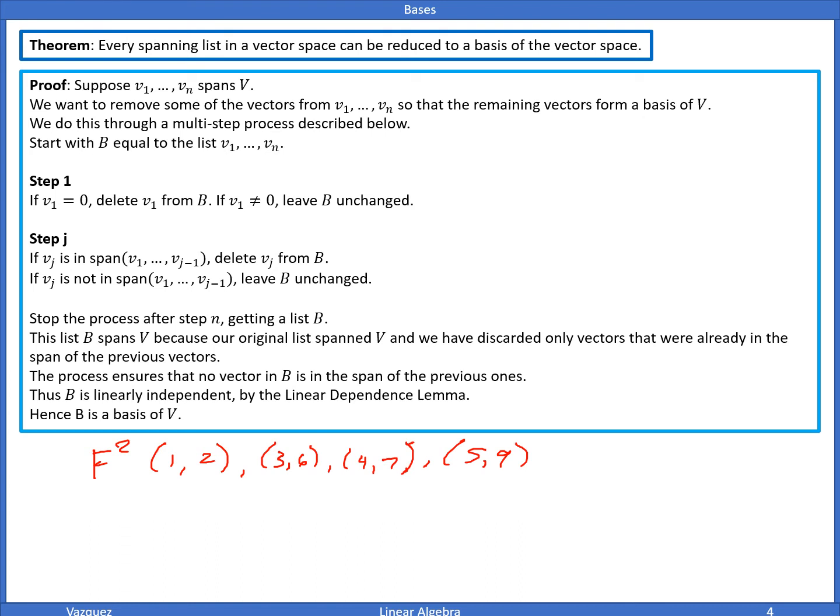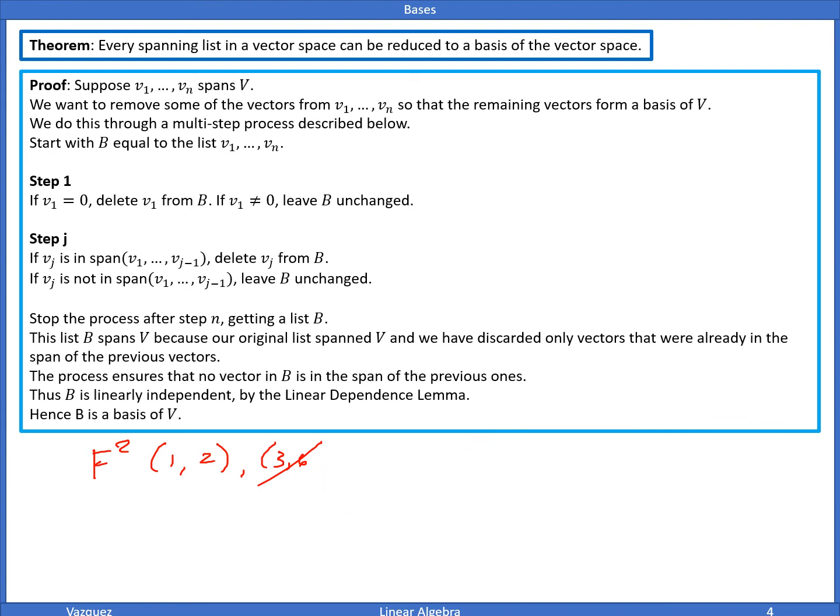And if you actually follow the process in the theorem, we should be taking this one and this one out. And now these 2 vectors span the space. But let me erase it because I think I may have this.